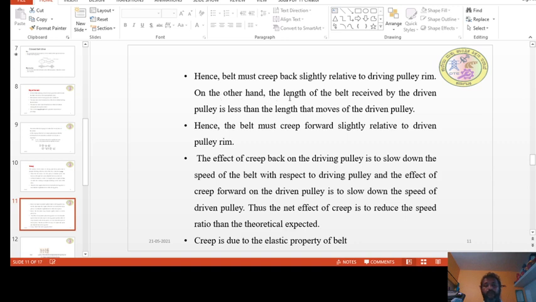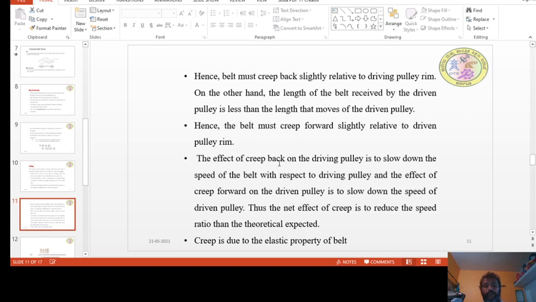On the other hand, the length of the belt received by the driven pulley is less than the length that moves off the driven pulley. Hence, the belt must creep forward slightly relative to the driven pulley rim.